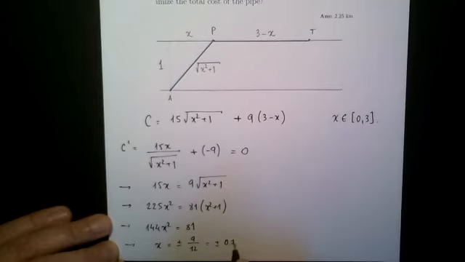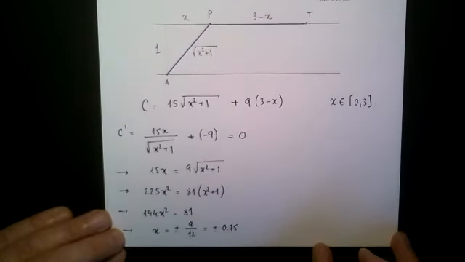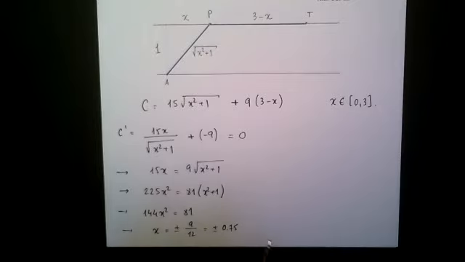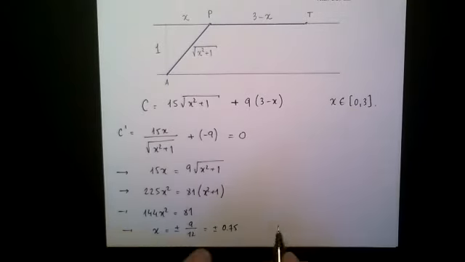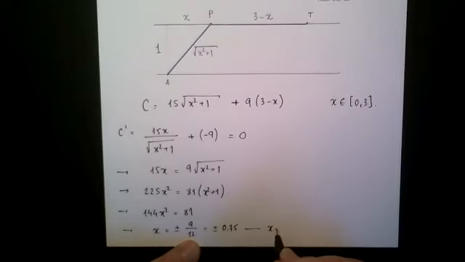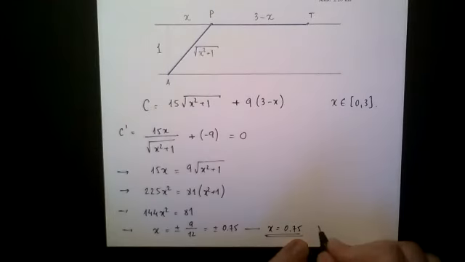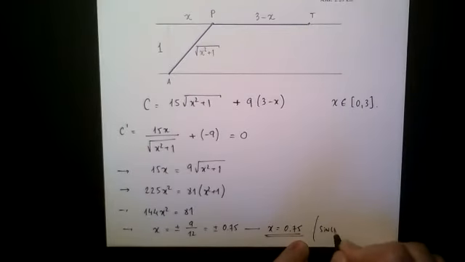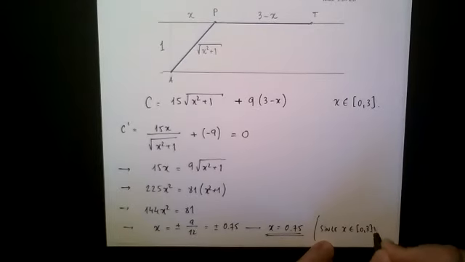So 0.75. Okay, these are my two values of x. Of course, I'm only taking the positive one because I'm between 0 and 3. And so x is equal to 0.75, since x is between 0 and 3.